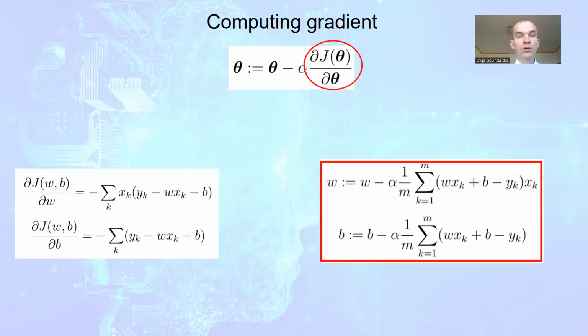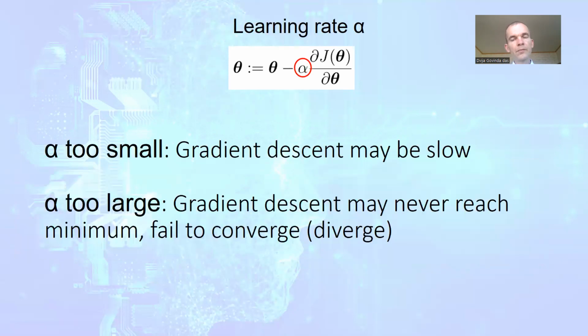What does it mean in our case? We have already seen on the left how to calculate the gradient of the cost function, and it means that the update equations for W and B are of the following form, as shown on the right. So having these formulas, we can apply the gradient descent method.